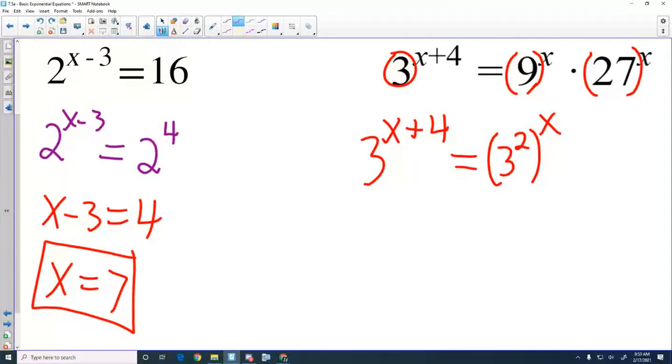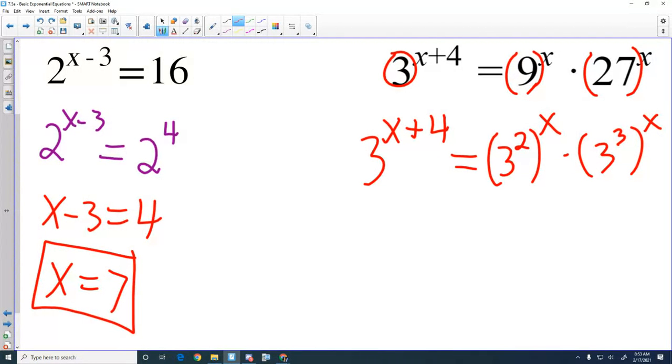Same thing with 27. The 27, hey, 27 is 3 to which exponent? The third, right? 3 cubed. But it still has an x outside of those parentheses. So I'm just replacing the base in parentheses with that smaller base to an exponent.